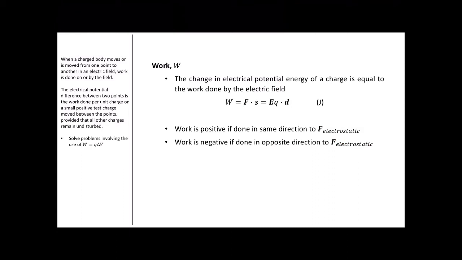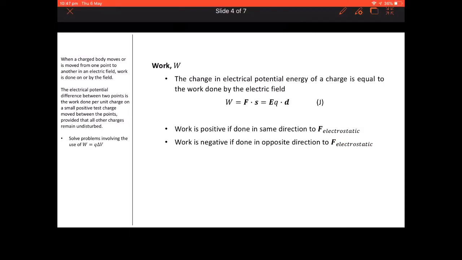The change in electrical potential energy of a charge is equal to the work done by the electric field on that charge. This is related to our equation that we were just using before. So this here is the electrostatic force, and then this here is the distance over which the force is impressed.